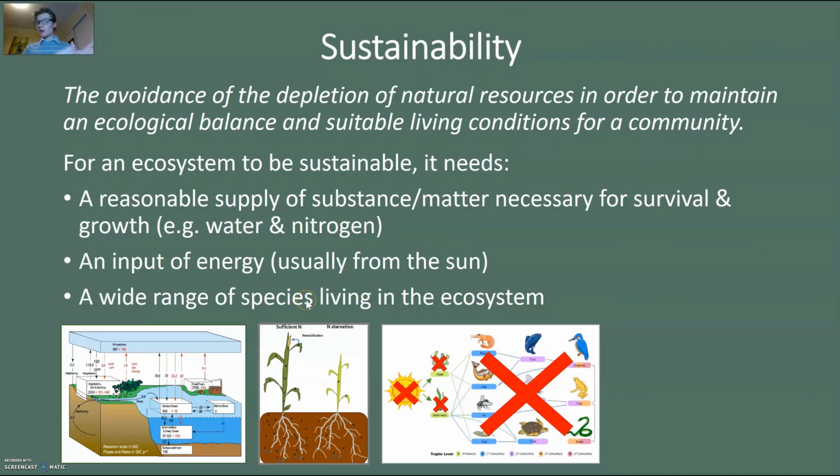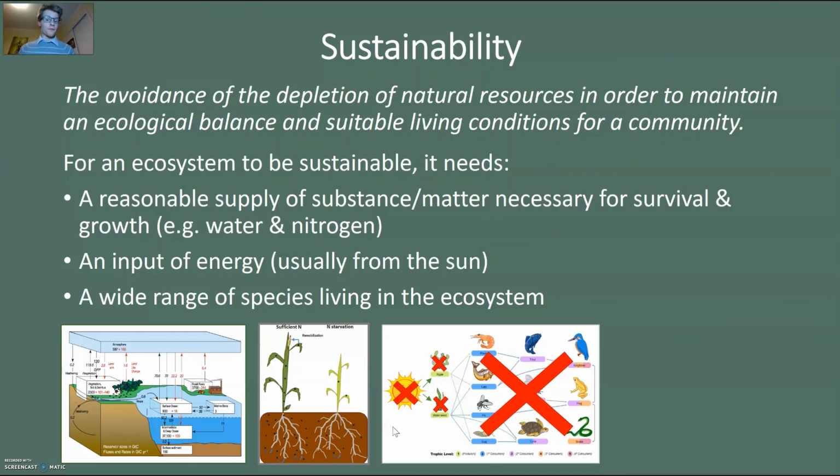We have looked through all these things by this point. We now know that if you don't have a reasonable supply of substance and matter, for example, if your carbon supplies are unreasonable somewhere within the carbon cycle, or if your nitrogen supplies are unreasonable somewhere, then you're not going to have a self-sustaining ecosystem.